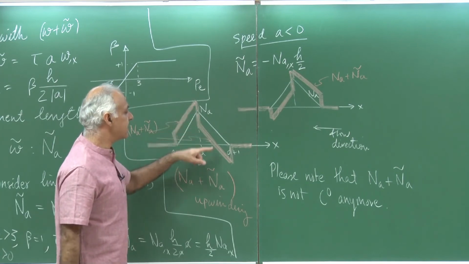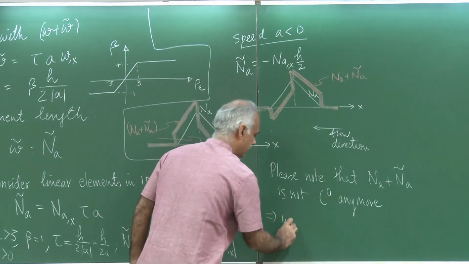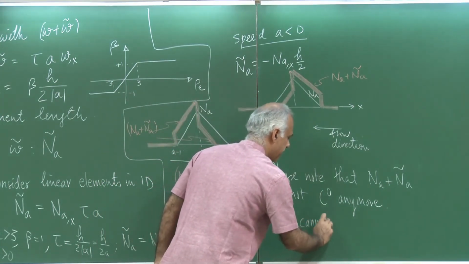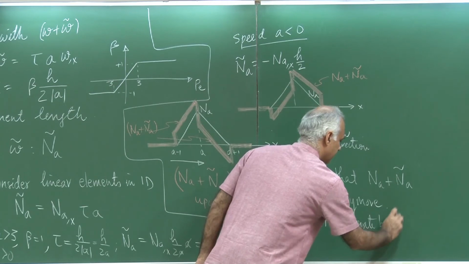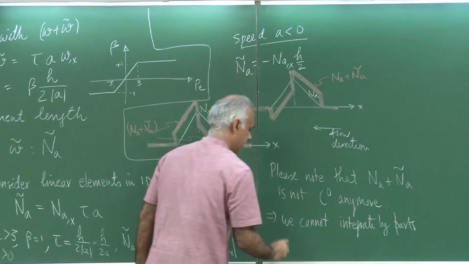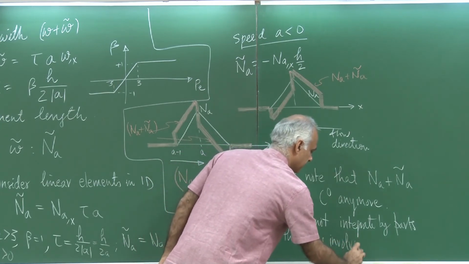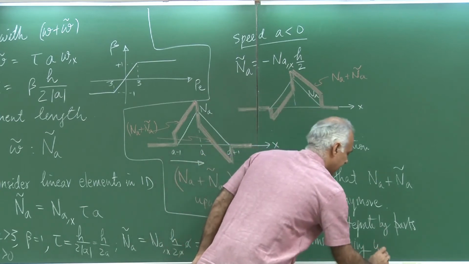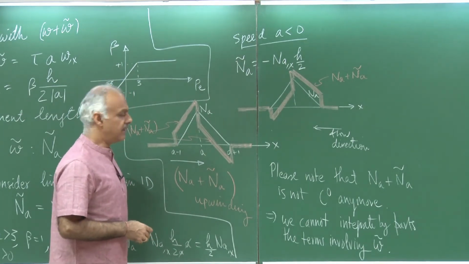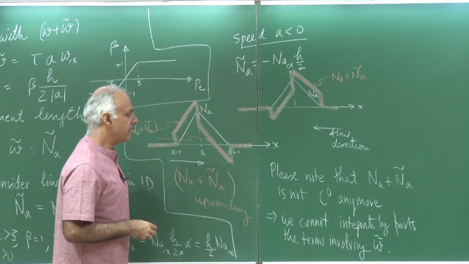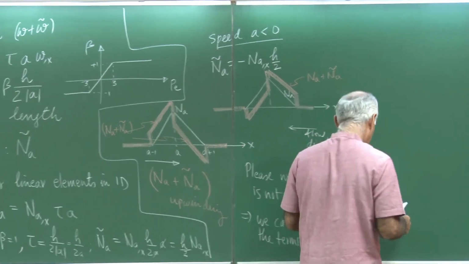So, these functions are actually discontinuous across element boundaries, and therefore, we cannot integrate by parts the terms involving W tilde. As long as we keep that in mind, we should be okay. So, let us now write down the finite element formulation for the Petrov-Galerkin method.